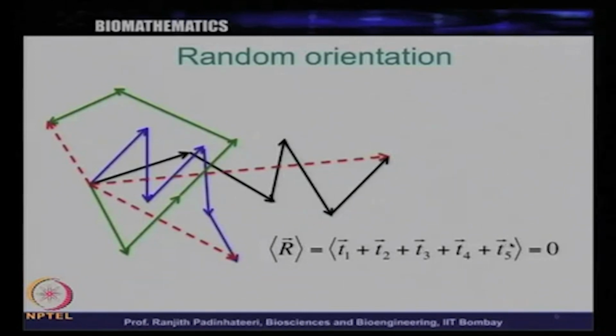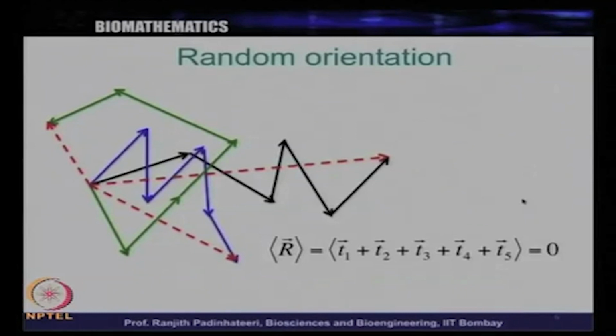It means that you do many experiments. In each experiment you measure the end to end distance of a protein and you average over these experiments, and you get 0. Okay.